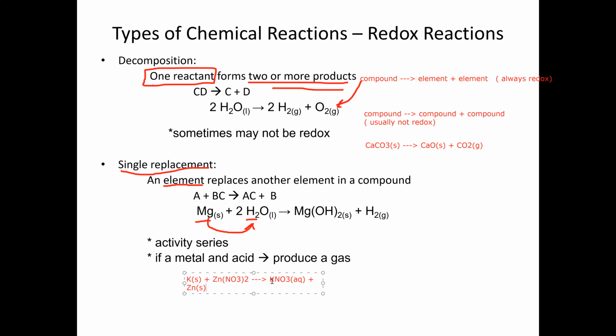And these are always redox, because always on one side you're going to have an element, and on the other side it's going to be in a compound. And the way we know which element is more active than the other is something we call the activity series. It's a chart that shows you a list of the activity of different elements. So these are the different types of redox reactions.